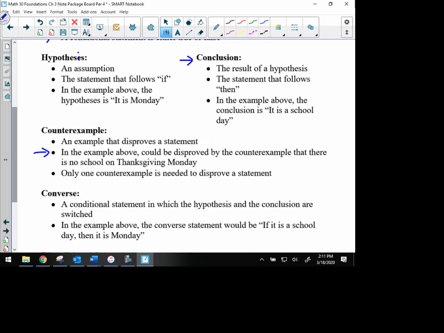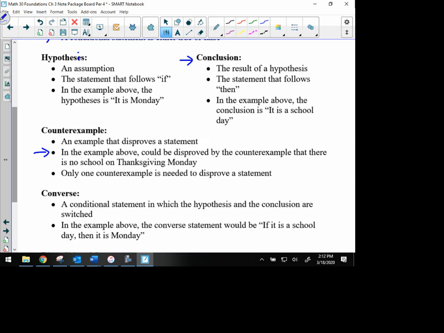A counterexample to that would be Thanksgiving Monday, which is the example I have on here, but even Monday, March 23rd or whatever next Monday is, right? It's not technically a school day. We're not sure really what it is these days. But we have these counterexamples, right, where technically it's not a school day.